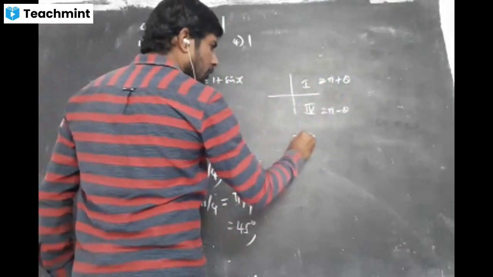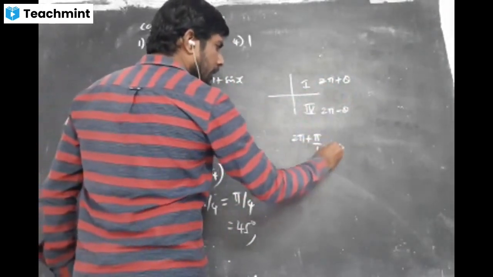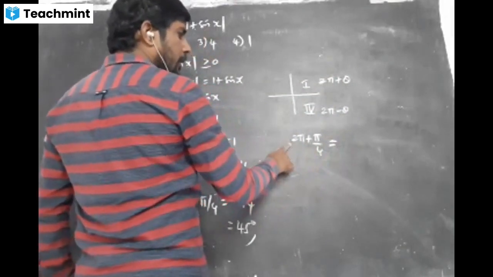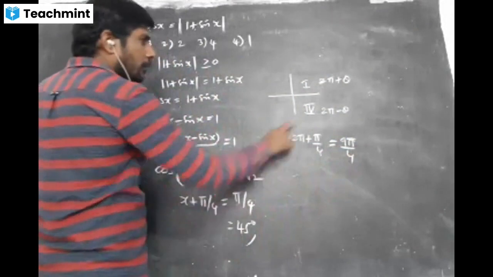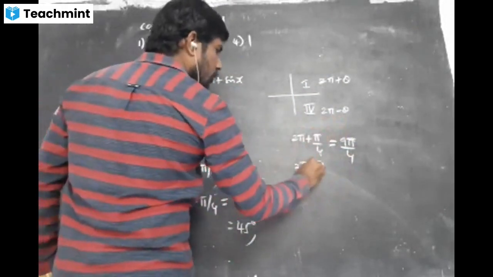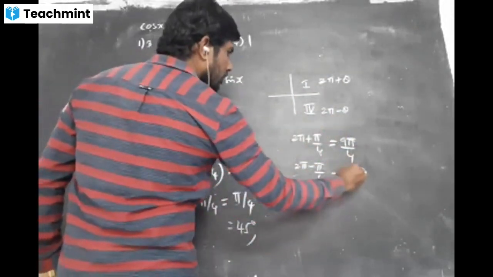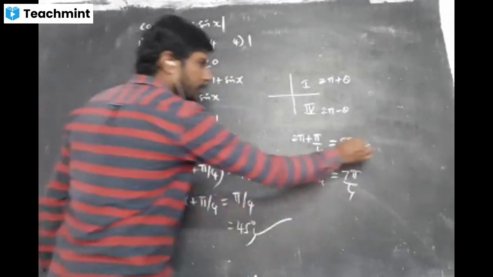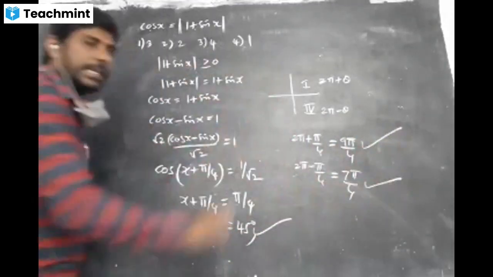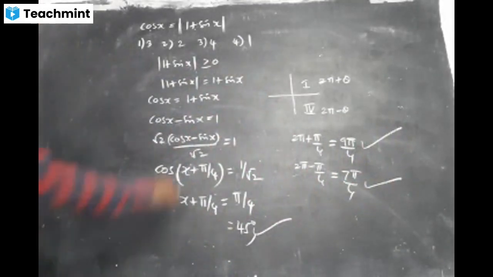So 2 pi plus pi by 4 is equal to 9 pi by 4. And 2 pi minus pi by 4 is equal to 7 pi by 4. Here how many solutions? 1, 2, 3. 3 solutions. So our option is the first one, 3 solutions.